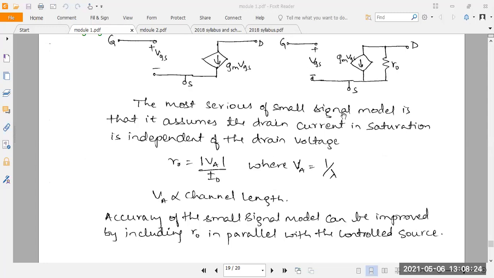So what does VA indicate here? VA stands for what? People studied this in an earlier class, right?